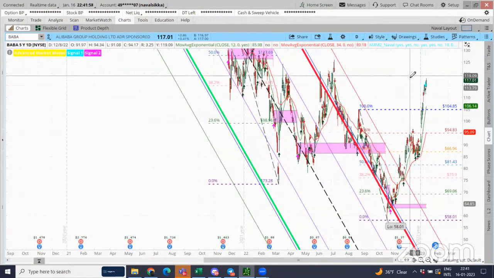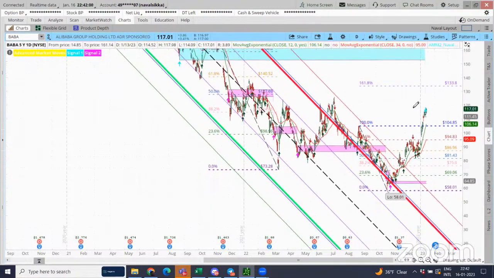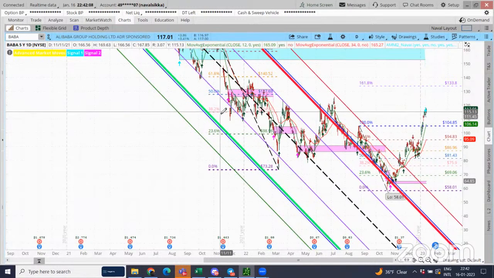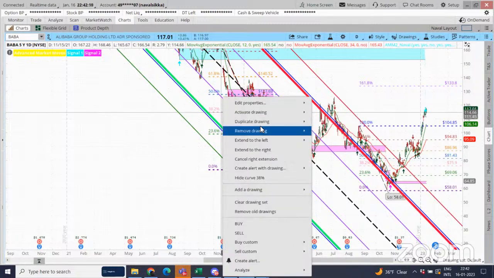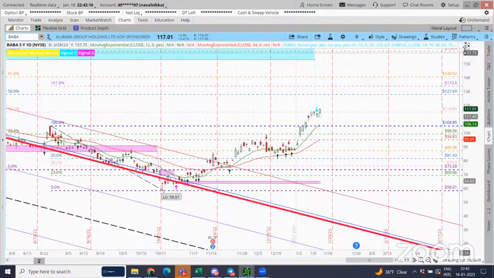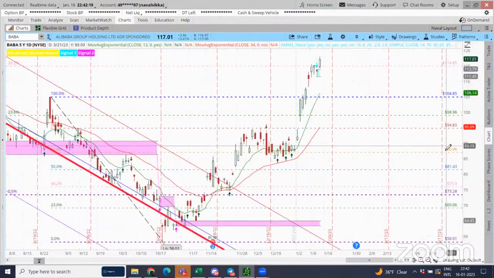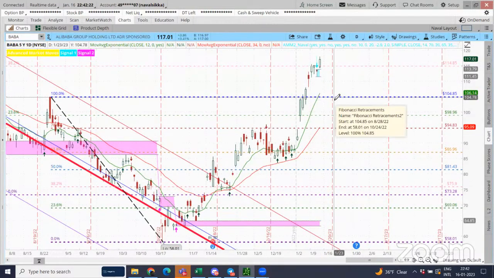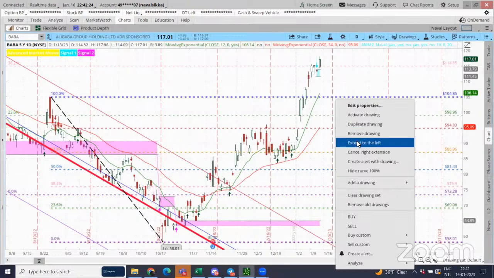And we are trying to hit certain areas like 126, 127, where it should find some resistance. Let me just extend this to the right to have much cleaner patterns. I'm going to reduce this one for the time being.